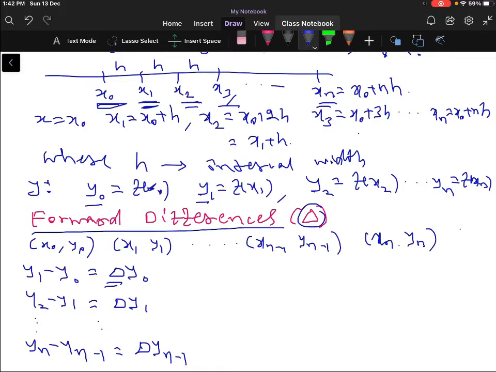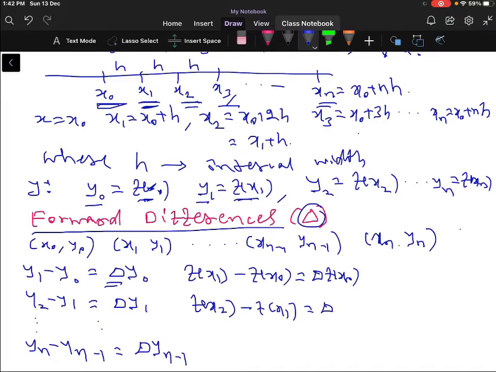We can define the first forward difference in another fashion. Instead of y1 minus y0, we can write f of x1 minus f of x0, nothing but delta of f of x0. Similarly, y2 minus y1 can be written as f of x2 minus f of x1.